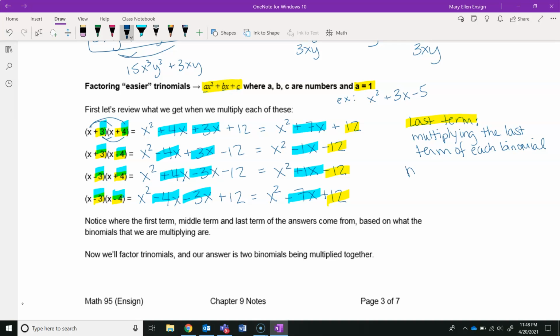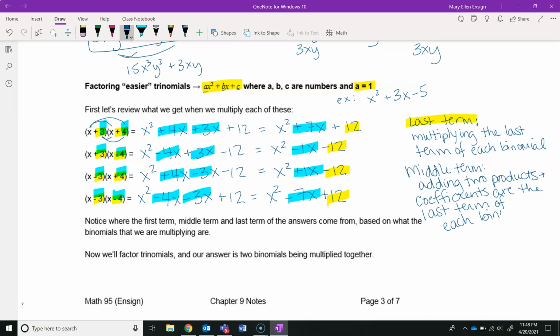So where did that middle term come from? Well, the middle term came from adding two products, and the coefficients are the last term of each binomial.